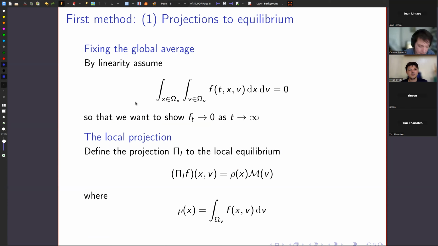The key idea is that we developed a method which solves the question we wanted to solve, so that's good, but is also actually reproving in a different way, very simple way actually, most previous work on linear hypocoercivity.